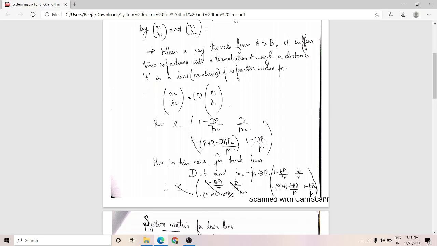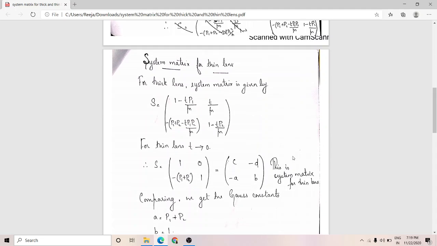So you get your system matrix for a thick lens as 1 minus T P1 by mu, the next term T by mu, minus of P1 plus P2 minus T P1 P2 by mu, and 1 minus T P2 by mu. It's not mu 2, it's mu. So this is the only change. You just replace capital D with the thickness of the lens and replace mu 2 with mu. You get the system matrix for a thick lens.